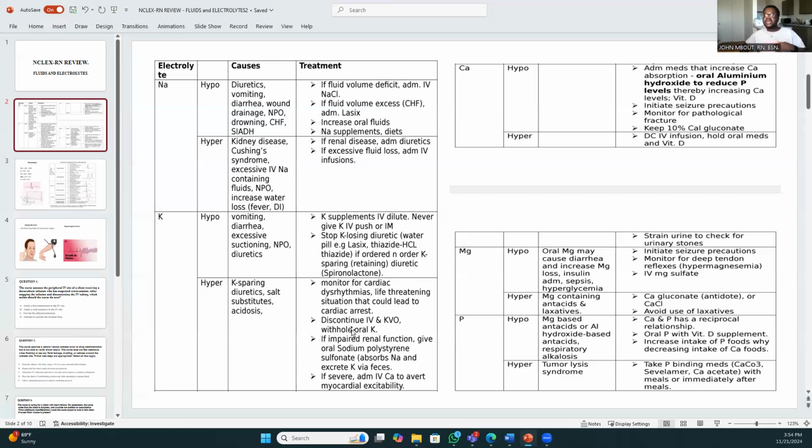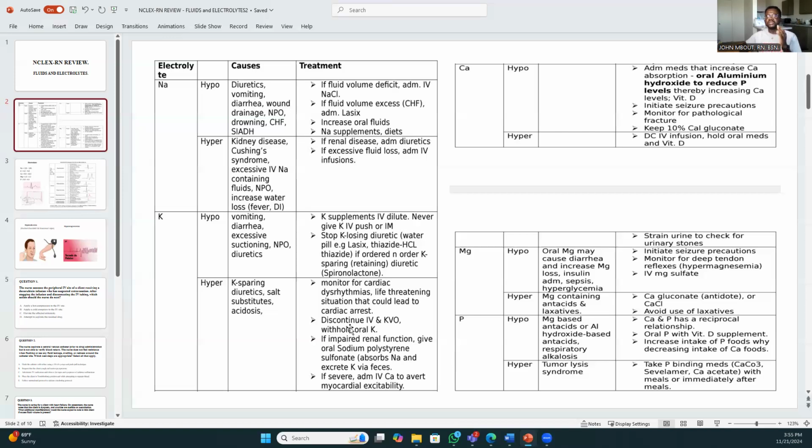But now, when we have excess potassium, let's say above 6, this is a critical value. This patient is a critical case. You have to monitor. Like we said, this patient should be on a cardiac monitor, and you check for dysrhythmia because it can cause cardiac changes.